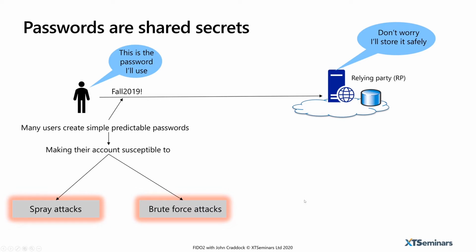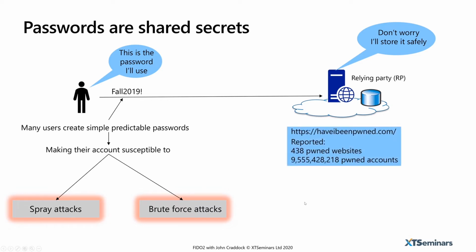Now, with a website, the security may not be very good around the website. And of course, breach attacks are very, very common. If you have a look at the website Have I Been Pwned, it's currently reporting 438 pwned websites with something over 9 billion pwned accounts.